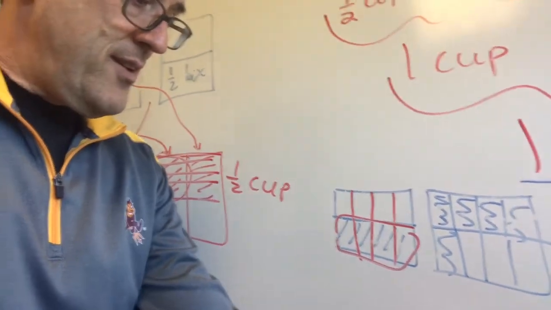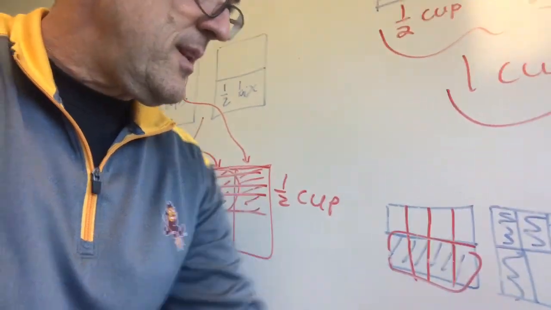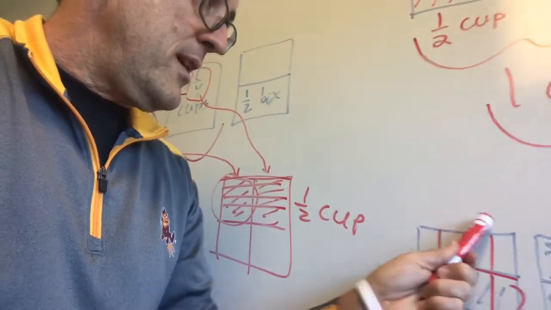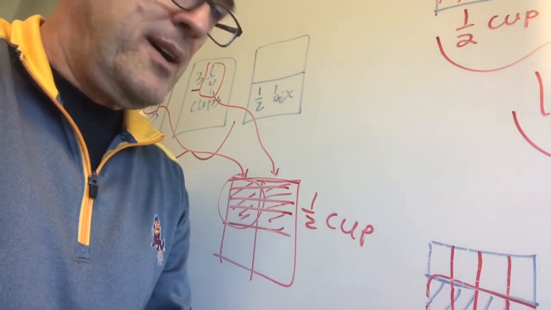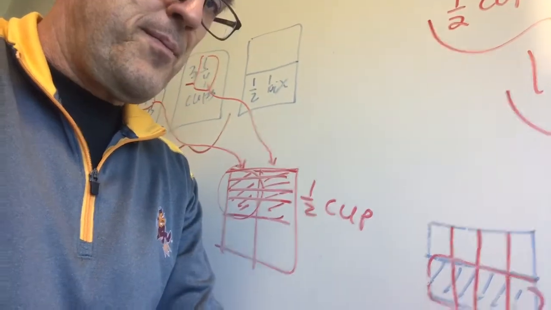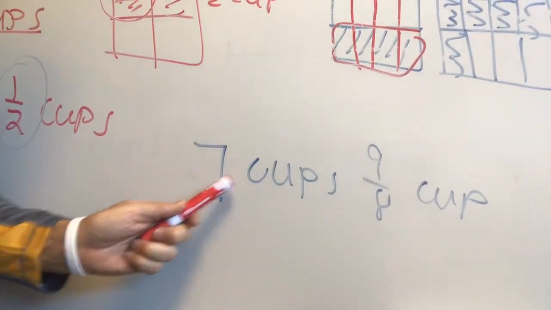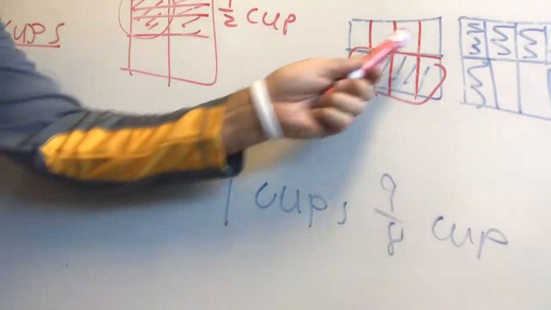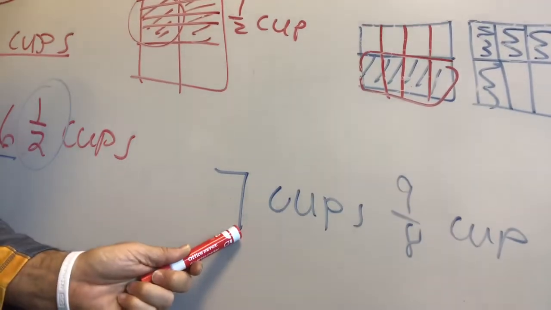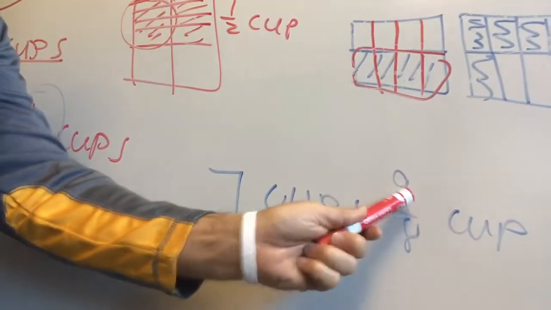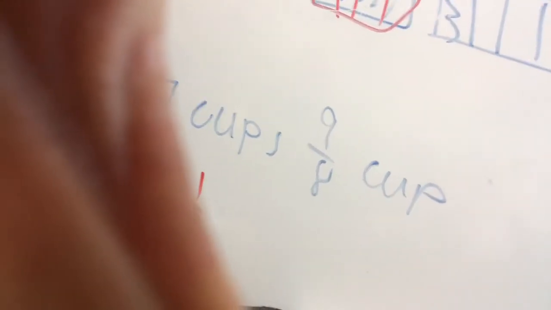So what I really have here is, these 4 come here to make a full cup. So I have another full cup and 1/8. So these 7 9/8 cups that I had here is really another full cup, 8, with that 1/8 left over. So I could write this as finally 8 1/8 cups.